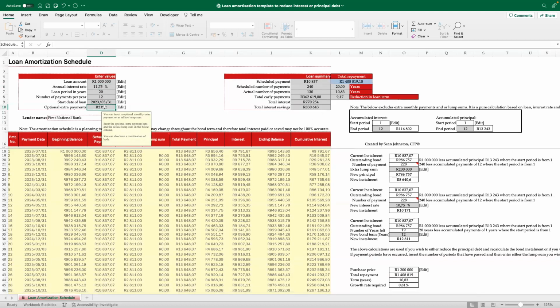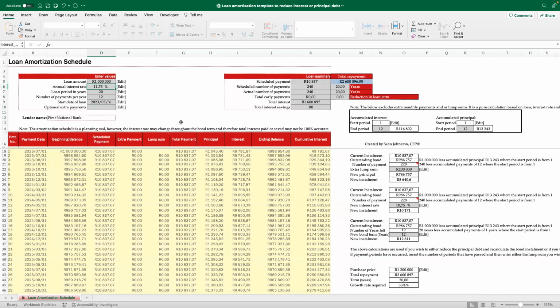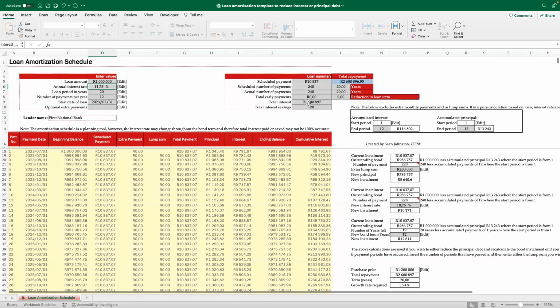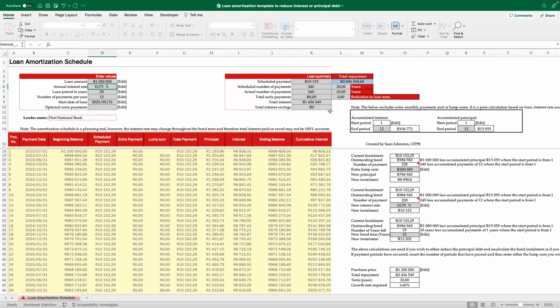So just by changing one metric here, I'm going to change this to 10 points. So I'm just going to show the total interest is 1.6 million. If I go change this by 1% in reduction, you see it comes down by 200,000 in total interest, because obviously you've now reduced your interest portion of the loan by bringing down the interest rate.